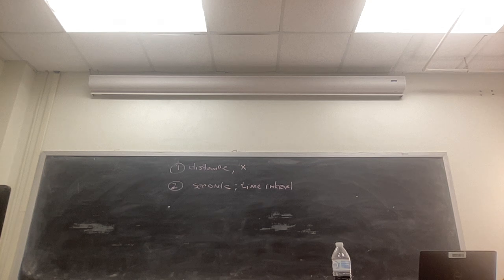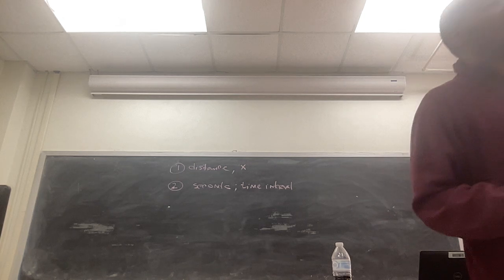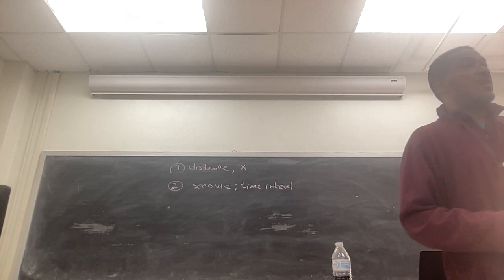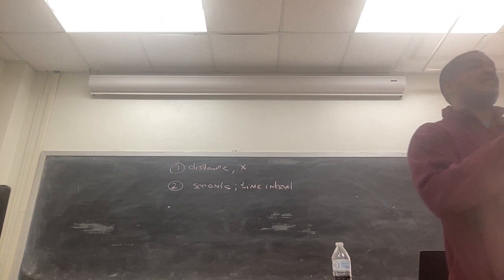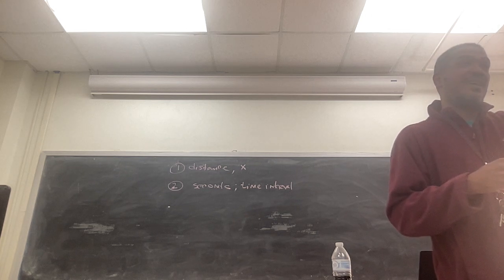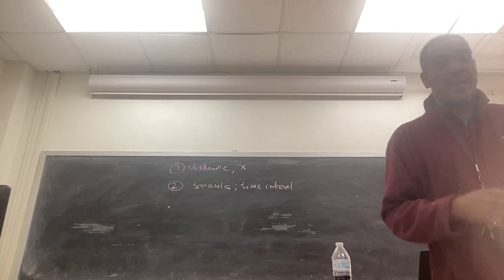Because if I calculate something and I notice that, oh, okay, well, I'm driving in the car and I look to the side for 2 seconds, right? In this case, it's telling you the time. In some cases, it's going to ask you to calculate the time, but it's going to give you another unit that has a time unit in it, and you can still determine the time interval using that unit.